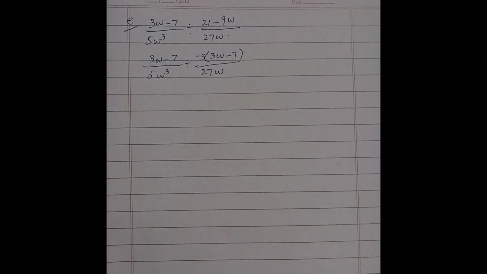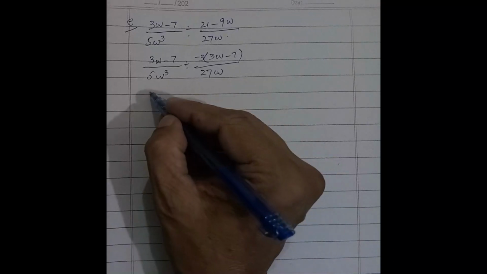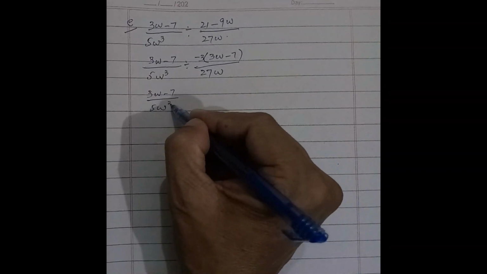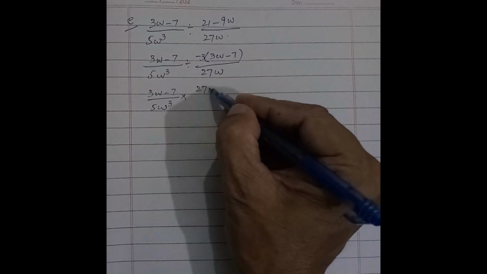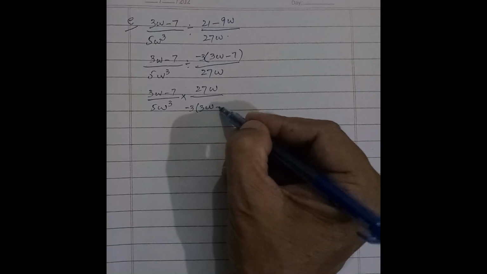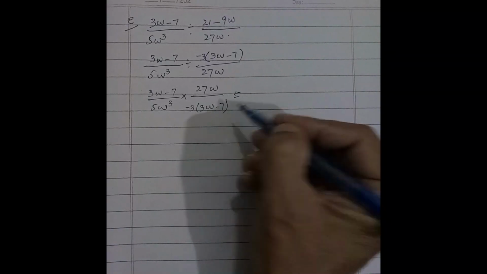Now apply the division rule: we get (3w minus 7) over 5w³, multiplied by 27w over minus 3, (3w minus 7).